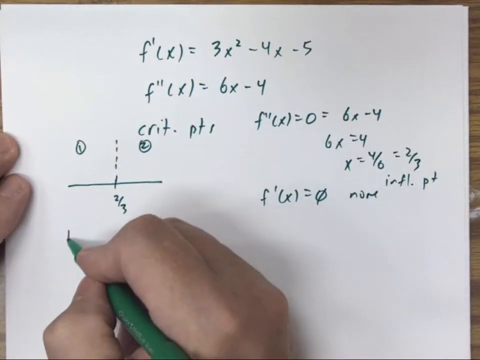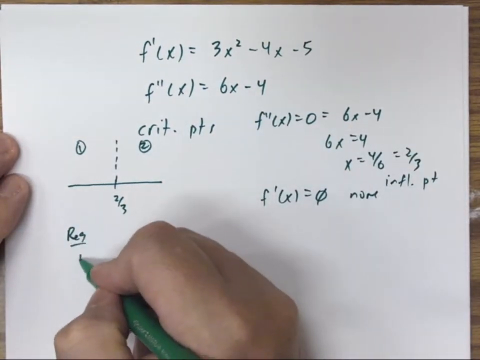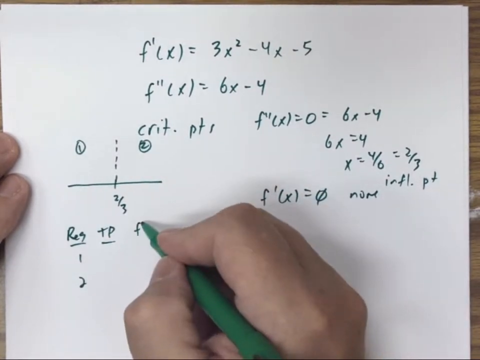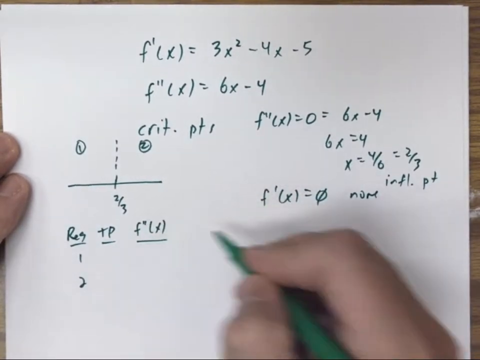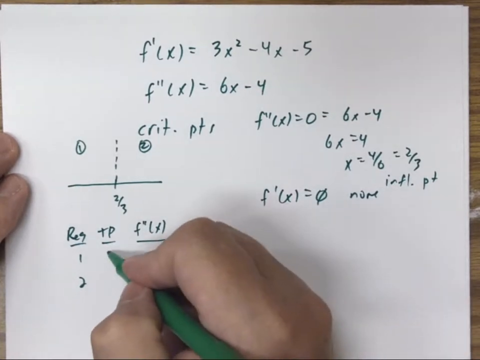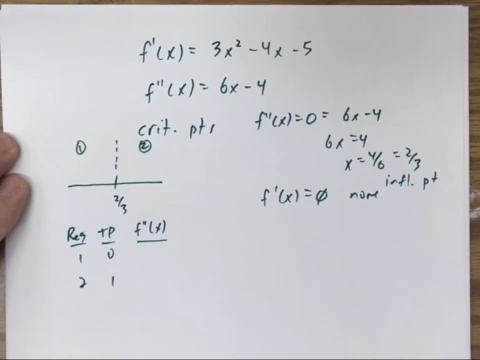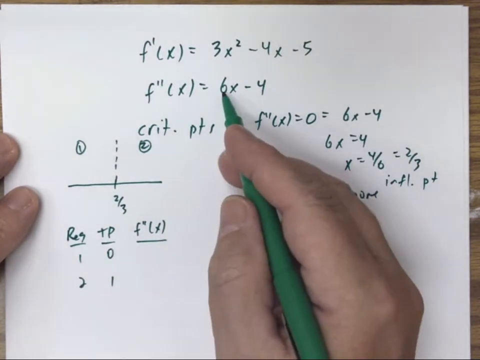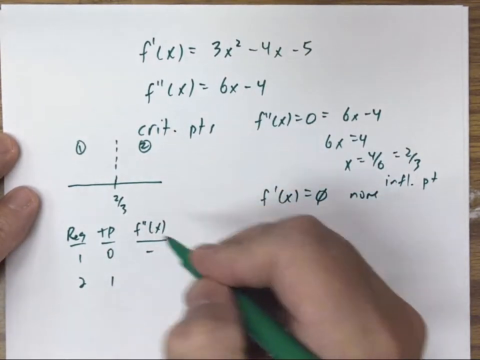So two regions. The little chart again, test point, and in this case I'm seeing what the sign is of the second derivative. I'll put a 0 here and a 1. So if I plug in 0 for x in my second derivative, it's negative.